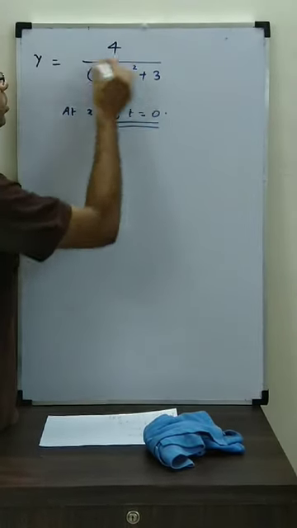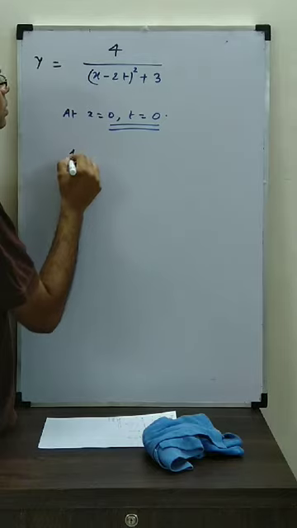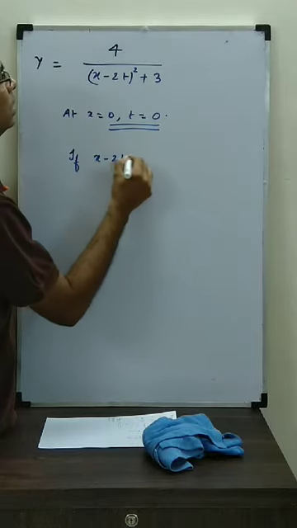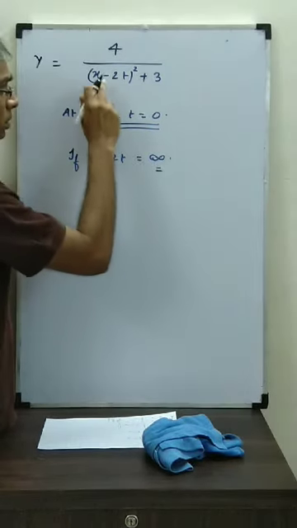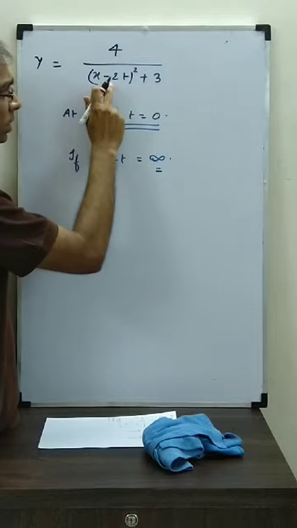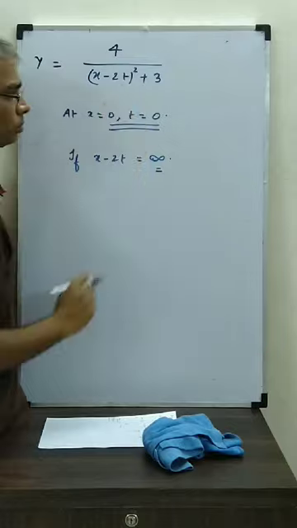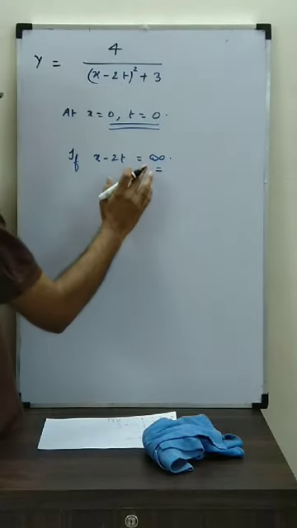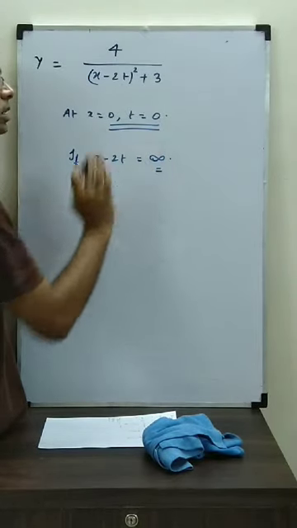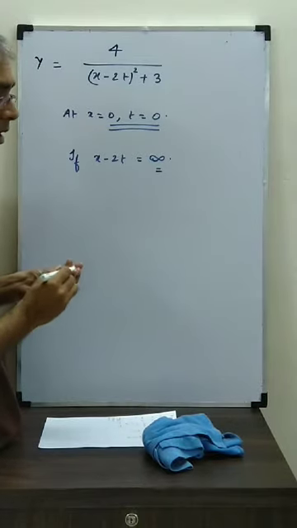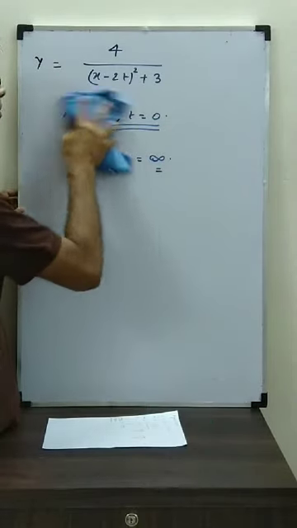Same way, suppose x minus 2t is equal to infinity. Infinity plus 3 is infinity, 4 by infinity means 0. So at infinity also it is well defined, and at 0 also it is well defined. So that means it can represent a wave.